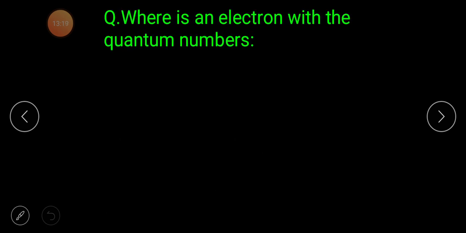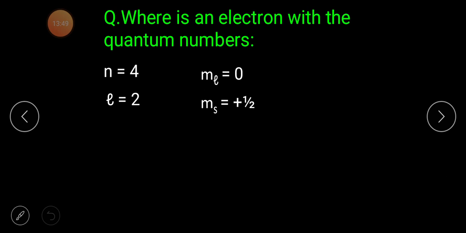Where is an electron with the following four quantum numbers: n is equal to 4, l is equal to 2, ml is equal to 0, and ms is equal to plus half? If n is equal to 4, it must be the fourth shell. If l is equal to 2, it must be d.